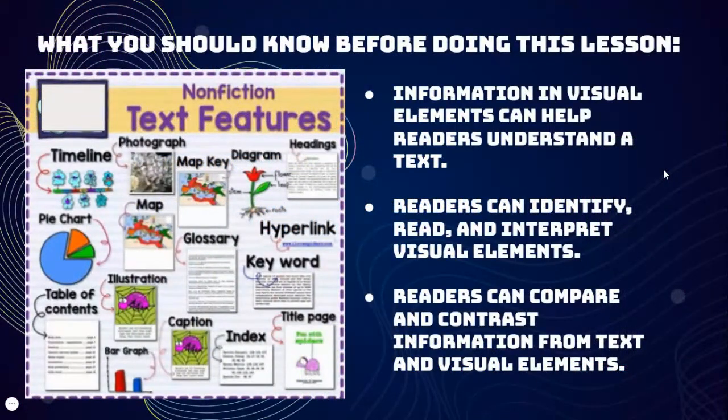What you should know before doing this lesson. Some common text features are also called visual elements, such as timeline, pie chart, photograph, map, illustration, map key, diagram, or bar graph.